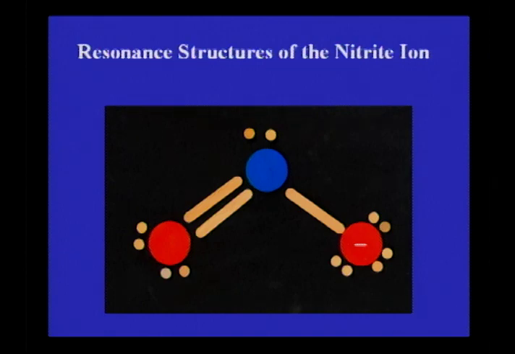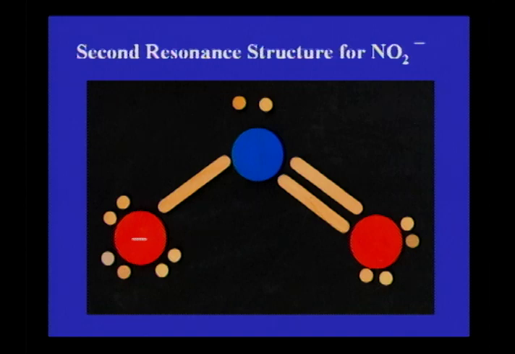So you can already guess that the negative charge will hop on to the other oxygen. And here we have it. So that's the second resonance structure. So there are two resonance structures. Resonance means the ion or the molecule is stabilized. So the more resonance structures are possible, the more stable that species is.